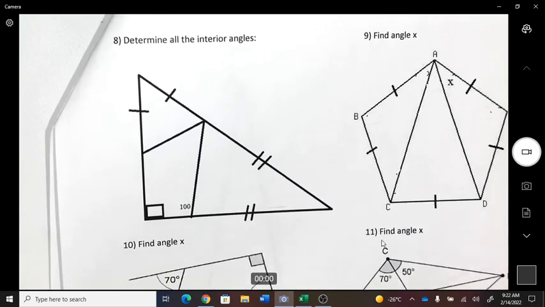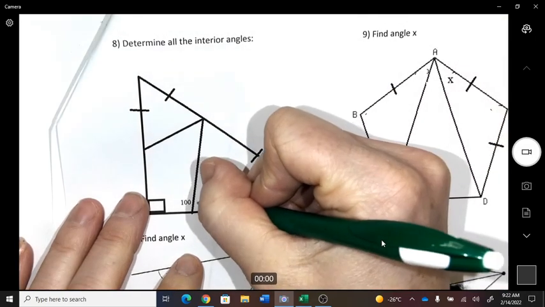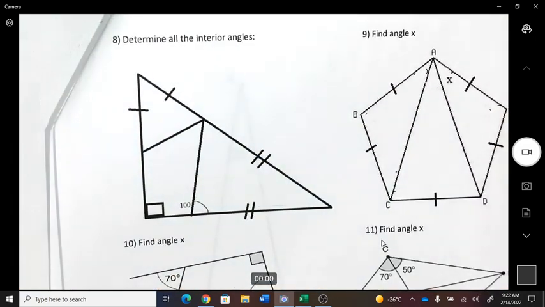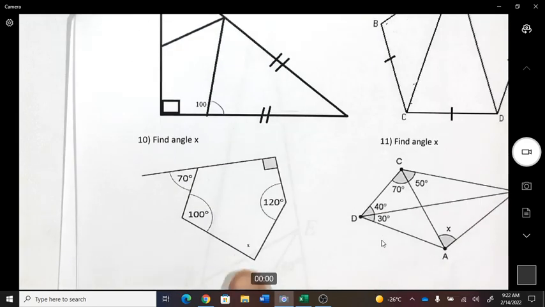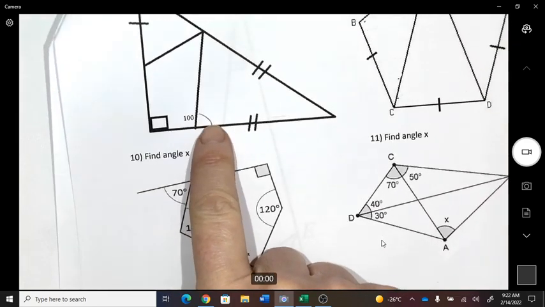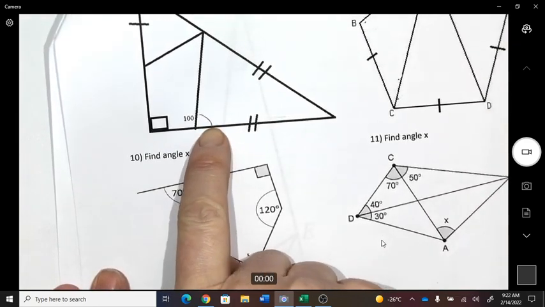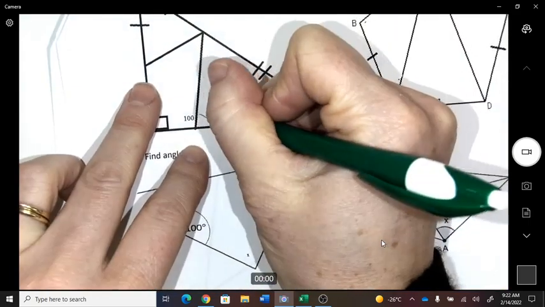Okay, determine all of the interior angles. So here's what I'm going to do. I think I'm going to start with that angle right there. Okay, so I know that that's 80.